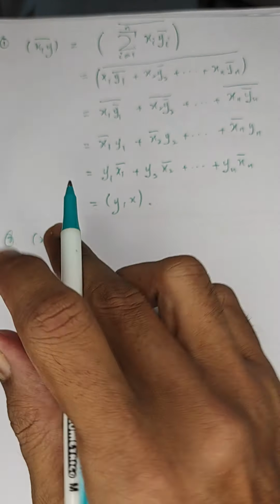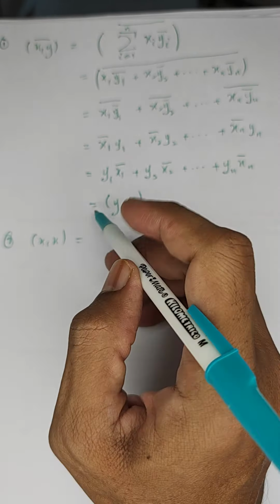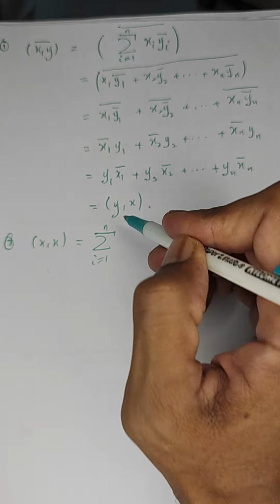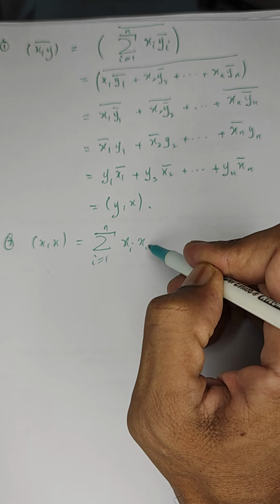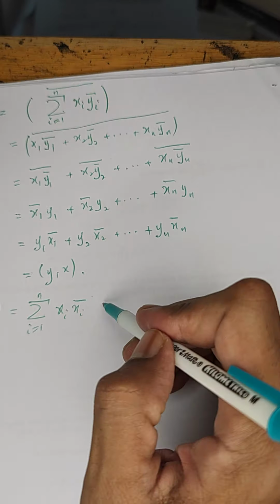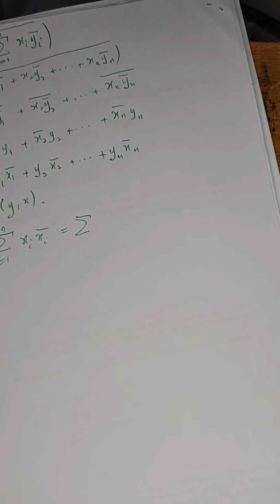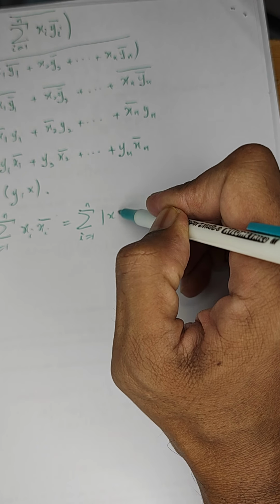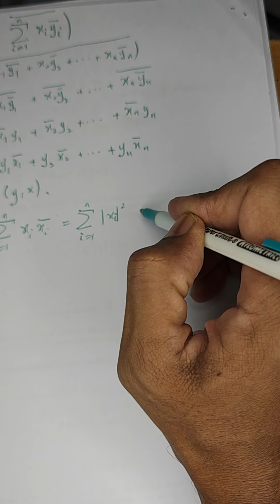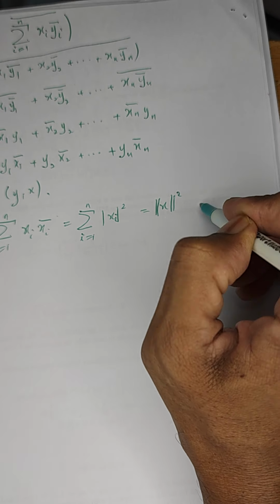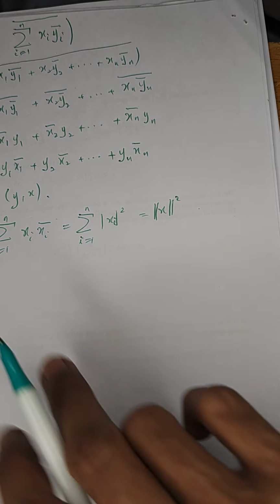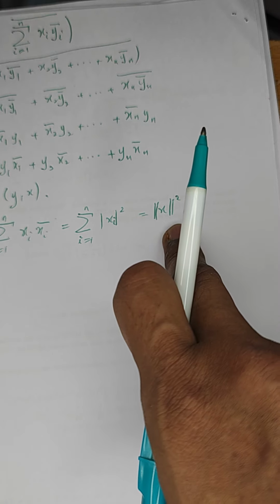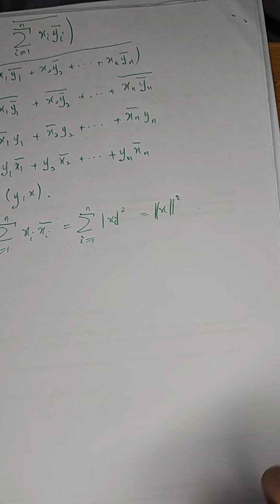So by using the definition of the inner product again, that gives us the sum from i equals 1 to n of xi times xi bar, which is equal to the sum from i equals 1 to n of the absolute value of xi squared, and this is actually the norm of x squared. So the inner product of x with itself is the norm squared. So that satisfies the second condition.